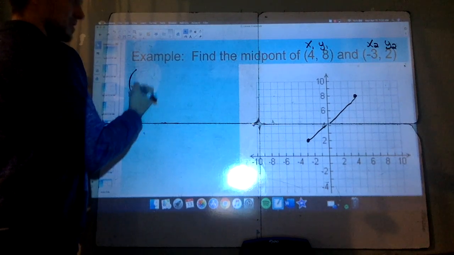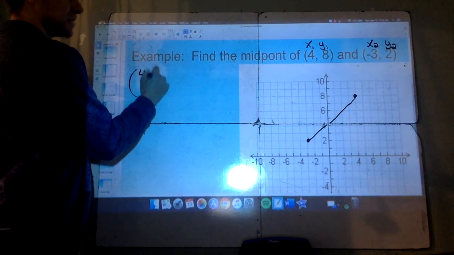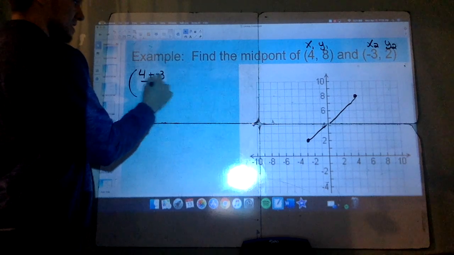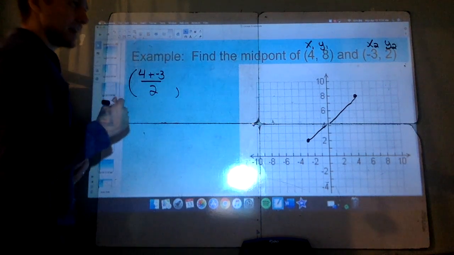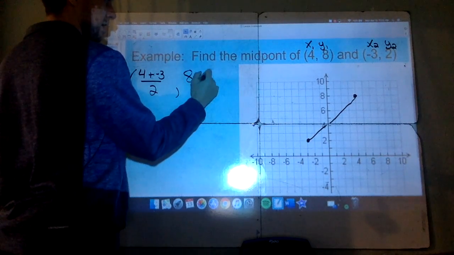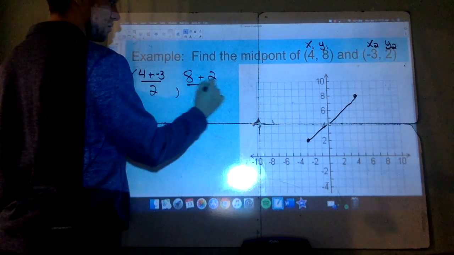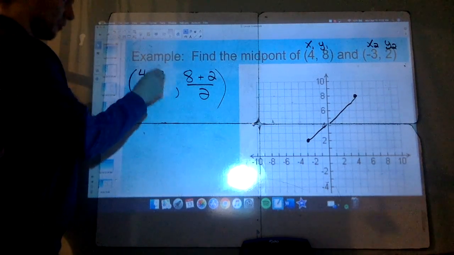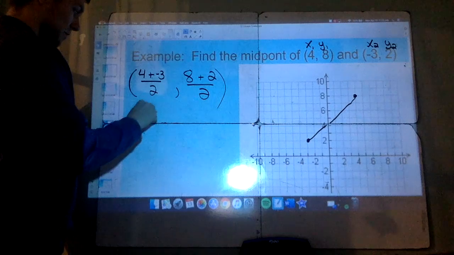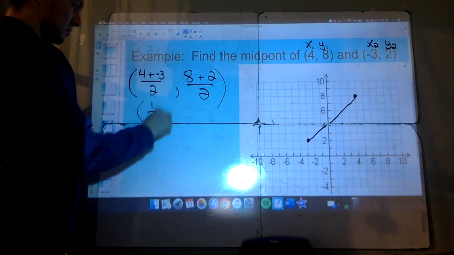The first thing we're going to do is add the two x values, 4 plus negative 3, and then divide by 2 to find the middle of the x's. And then we're going to find the middle of the y's, 8 plus 2 divided by 2. We're just following our algebra here. So 4 plus negative 3 becomes 1 divided by 2.